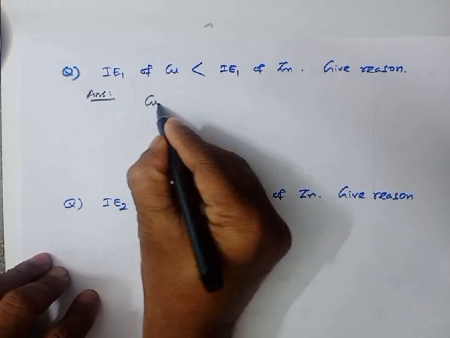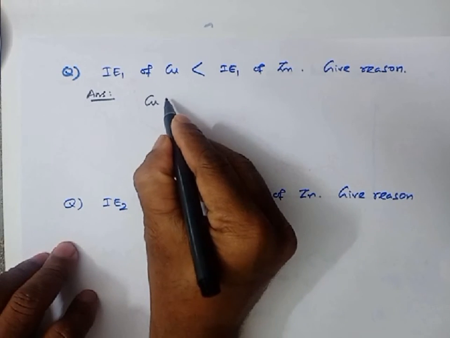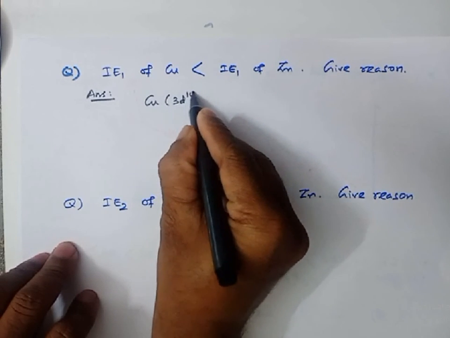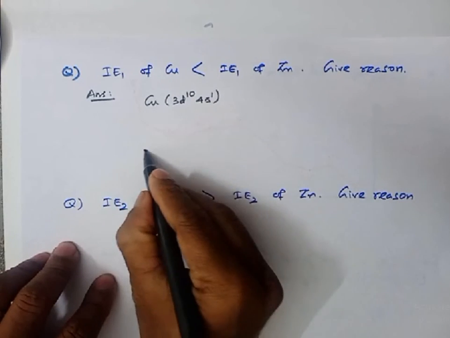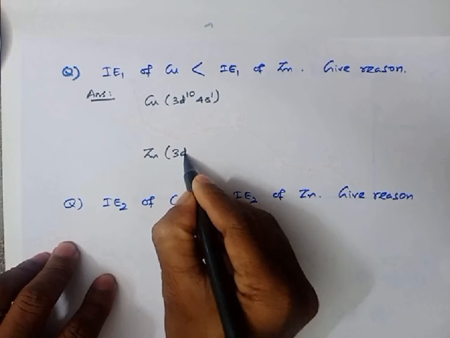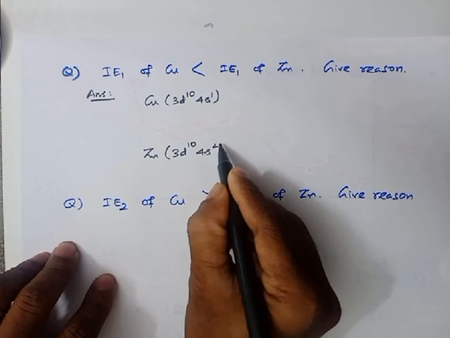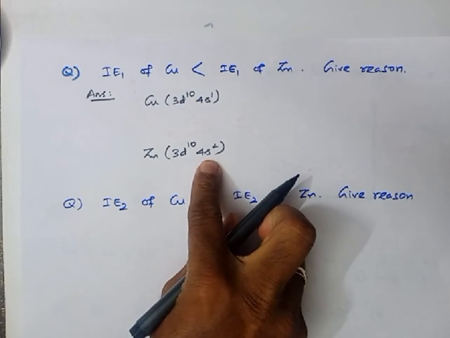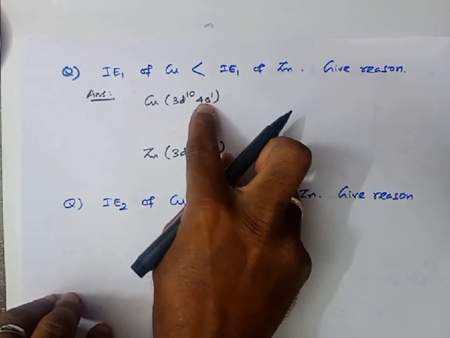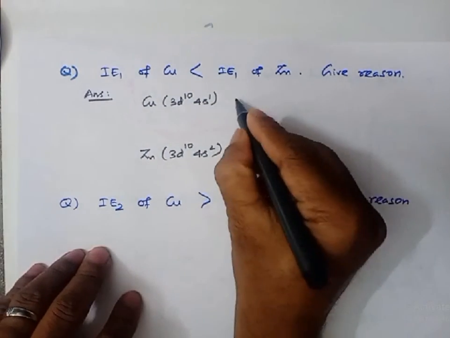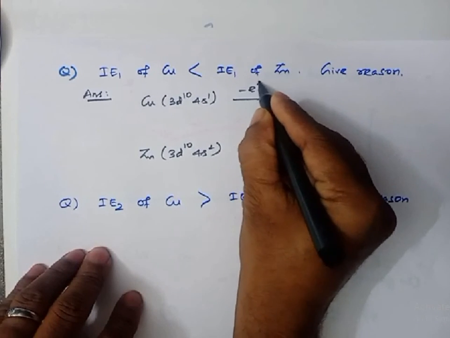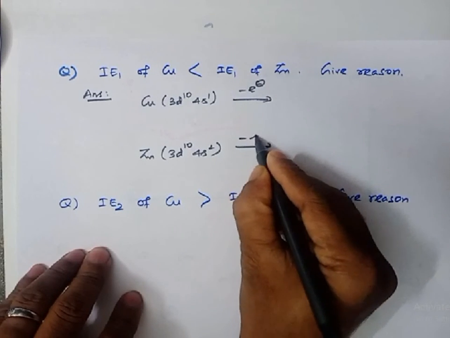I'll take copper. The electronic configuration of copper is 3d10 4s1. Yes, stable. Zinc, the electronic configuration of zinc is 3d10 4s2. This is also stable, but this is fully filled, so compared with this, this is a little more stable. Now, if you remove one electron, it's called first ionization energy.